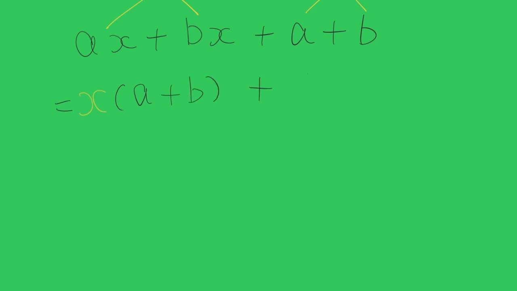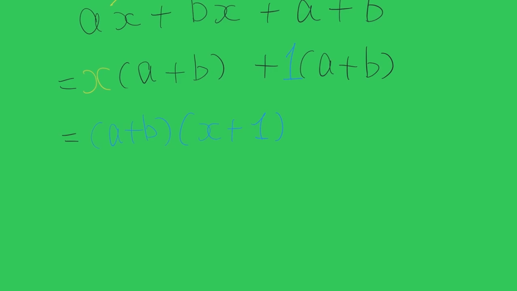We are going to add a bracket on our own, which means now you can see the a plus b. Bear in mind that if you don't see any number, there will be 1 there. So that is why now you got a plus b times x plus 1, like this. So basically, for factorization or common factoring, it is all about looking at the factor that you can see.